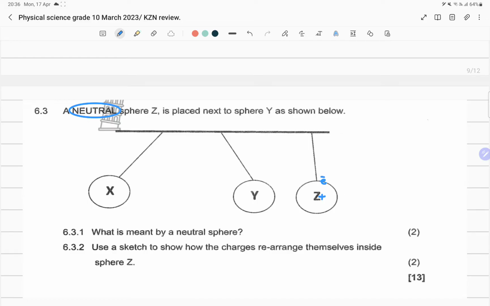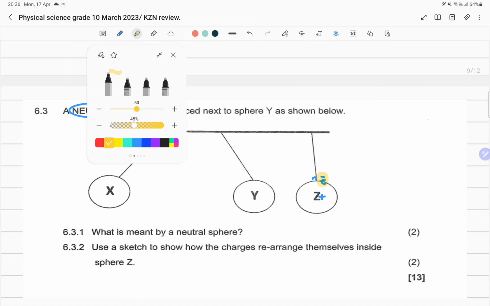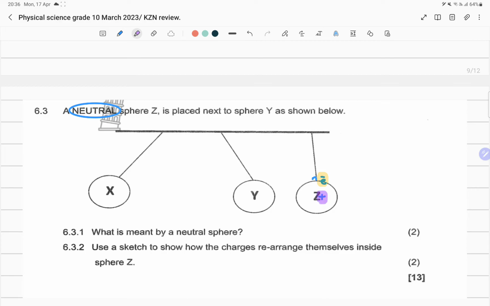So these, however many they are, it's going to be equal to the number of the protons. So here we know that Ne is equal to N protons, what can we write? Let's just write positive charge. Okay. So that is the story about our sphere Z.